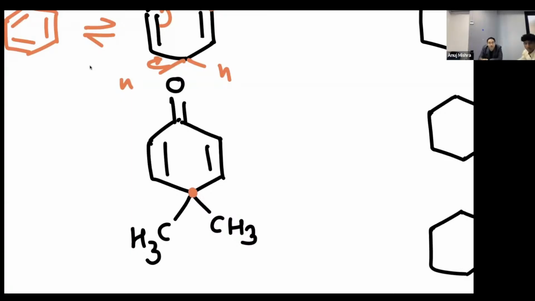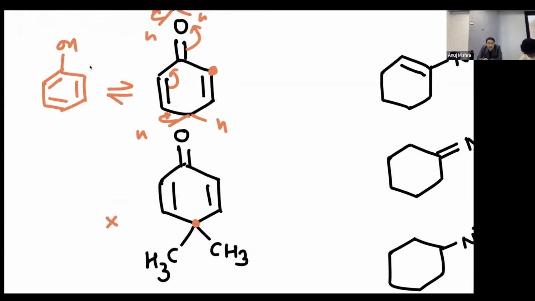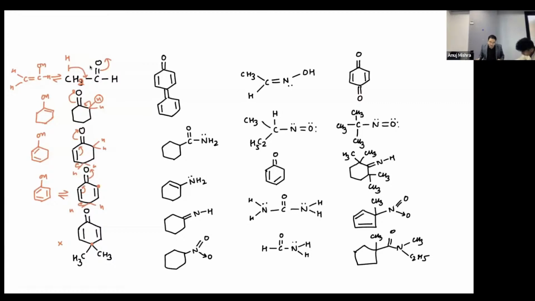You can't do anything out of it, right? This structure is not capable of giving you any tautomer. Is it clear? Because from where you can take H, that has CH3. Where will you take H and go? Is it clear? So the answer is no. So out of the first 5 cases, 4 will show, the last one will not show.